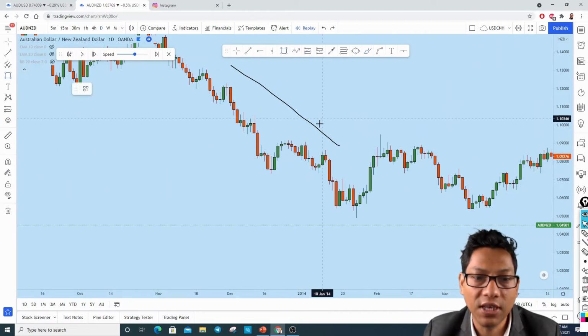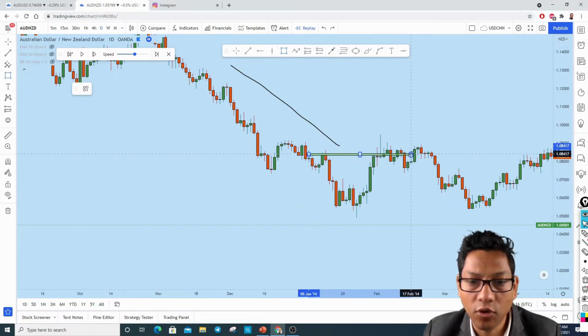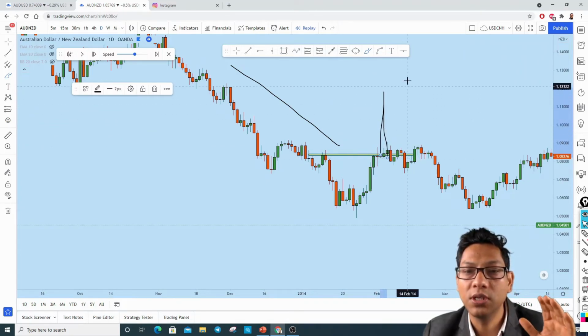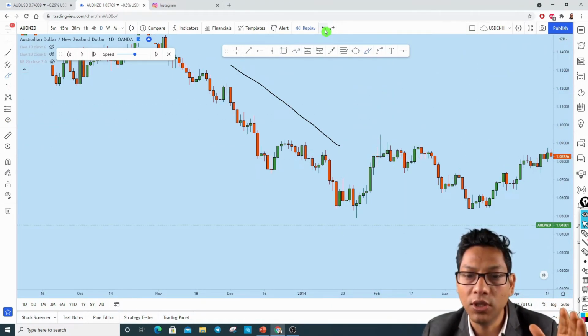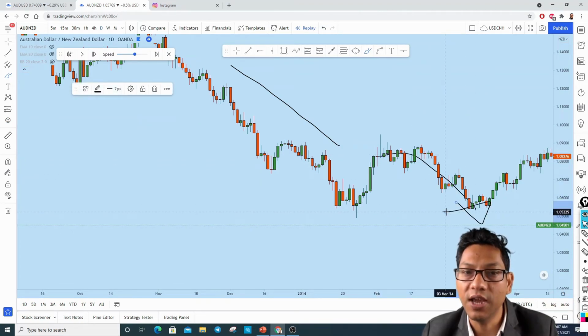If you draw this level here, there is a trend line, and the nearest level for this candle is here. The buyers pushed the price up, but it closed back below. So that's where you can consider this move to the downside.